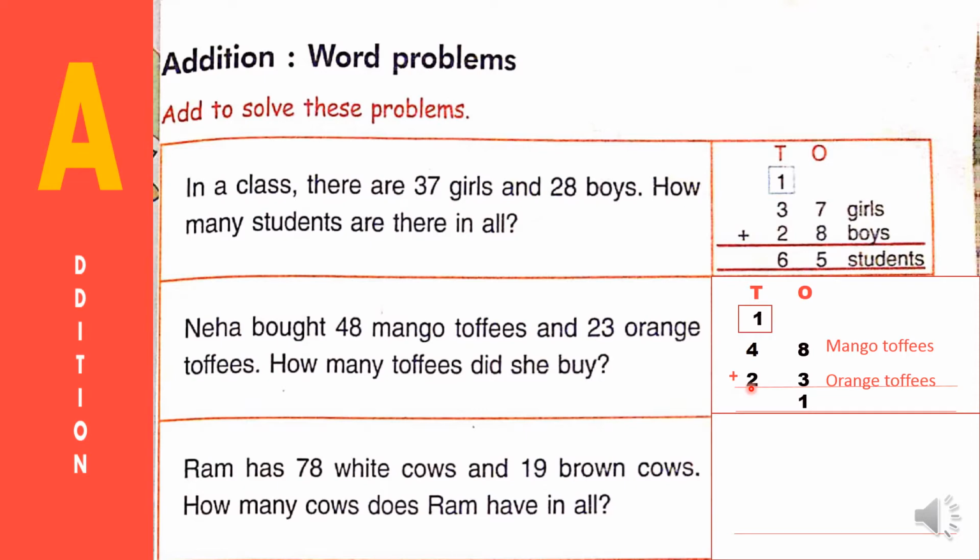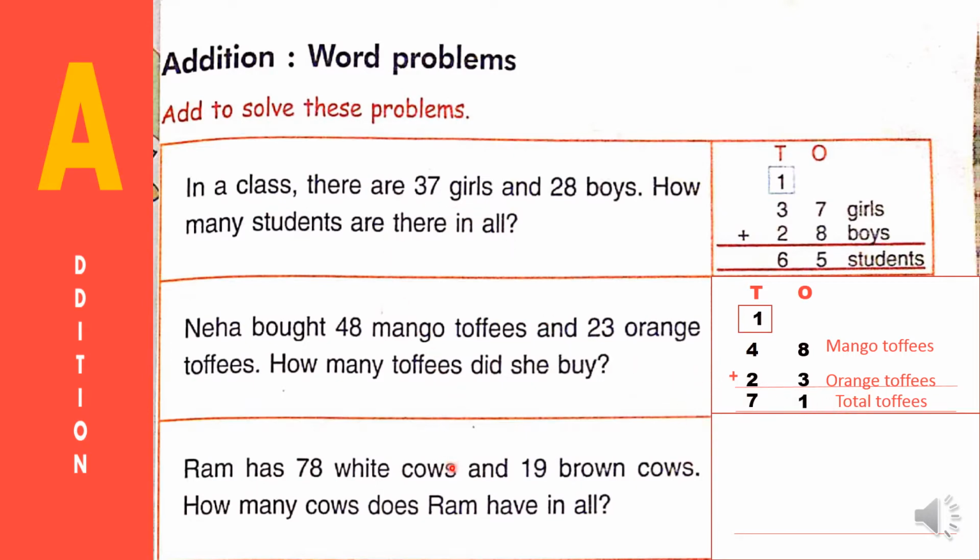Open two fingers, children. 5, after 5, 6, 7. So I'm writing 7 here. So total 71 toffees Neha bought. This is the answer. In this way we have to solve these problems.